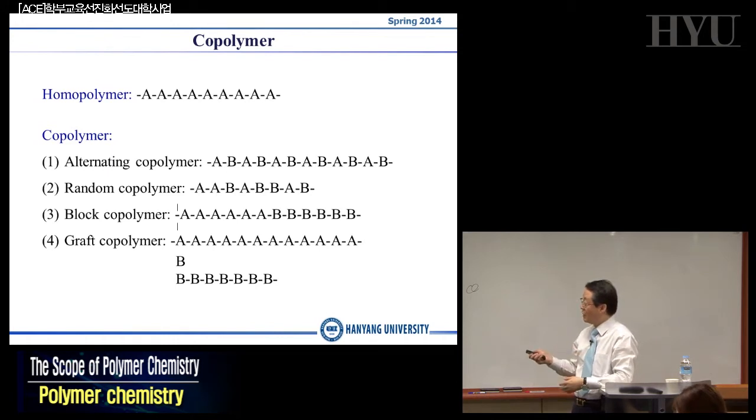So it's more like an A and B combination, whereas the block copolymer has a certain property of A and a certain property of B, whereas random does not have the property of A or B.